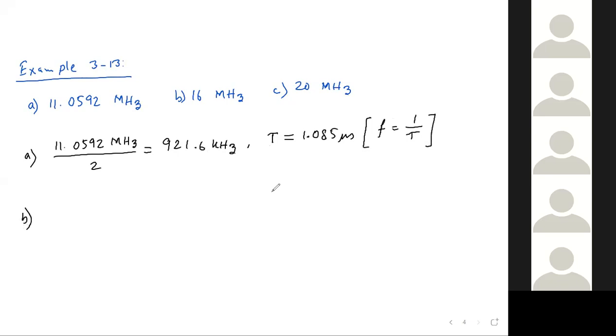If I go to the next one, what is the time period? 7.5 into 10 to the power minus 7 seconds. We can write 0.75 into 10 to the power minus 6, that is 0.75 microsecond. So give me the last answer in microsecond. 0.6 microseconds. Exactly, 0.60 microsecond.